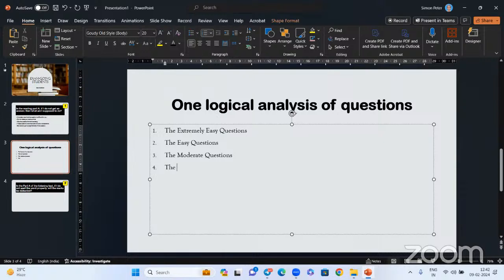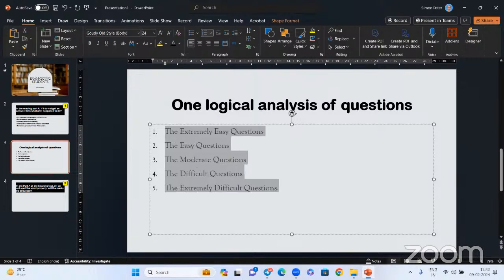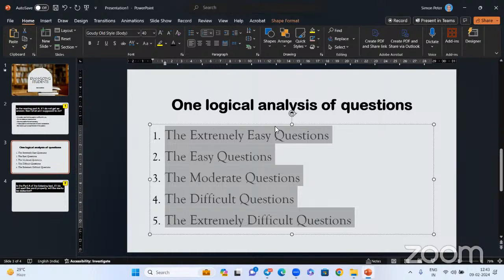Then the difficult questions. And the extremely difficult questions. So when you are attempting these questions, you will clearly know what type of questions they are.